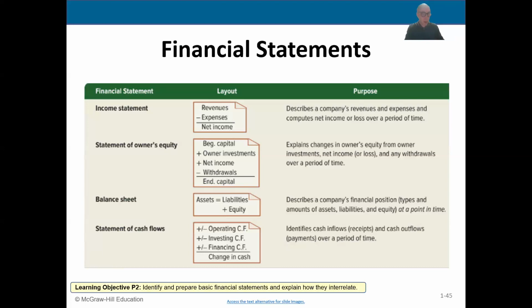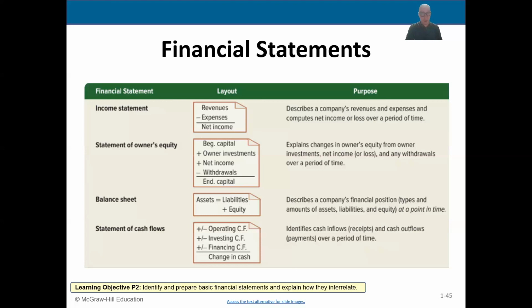So revenue minus expenses equals net income. Net income can be thought of as profit. It's similar to profit, kind of profit before we take out any withdrawals or anything like that. So revenue minus expenses equals net income. That's the income statement.